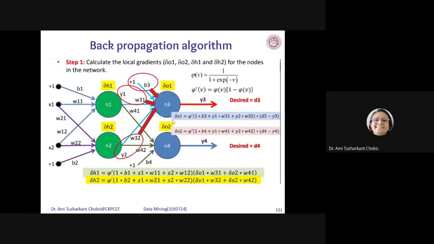Right? Okay, so now what can we say about delta H1, delta H2, delta O1 and delta O2? For that, what is the activation function given to us? That is phi(V) = 1 / (1 + exp(-V)), right? Exponential, as we used to say, fine.